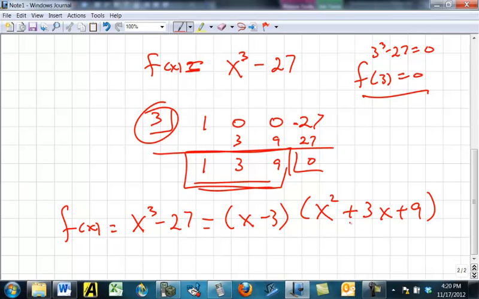Now, this one doesn't factor any further with integer coefficients, but we could use the quadratic formula on that to find the other factors, even if they happen to not be real numbers.